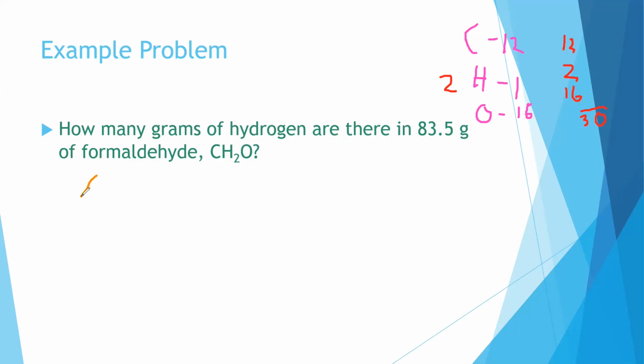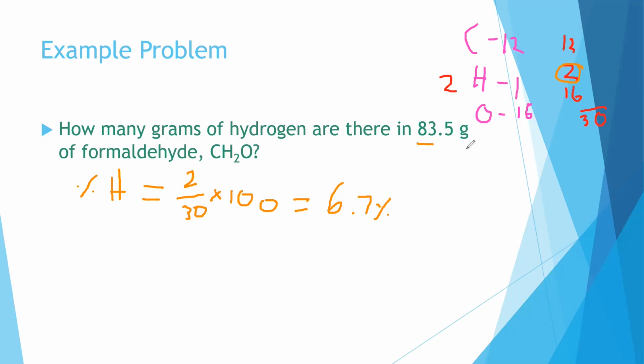So to calculate the mass percent of hydrogen, we take the mass of hydrogen, which is right here, 2, and then we take it over the total mass, which is 30, and we multiply it by 100. And we get like what did we get? It's like 6.7%.